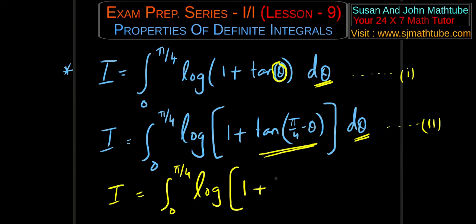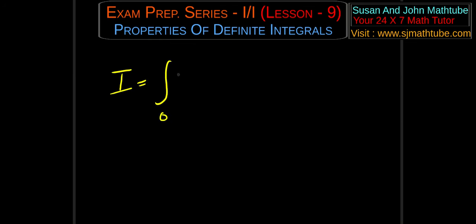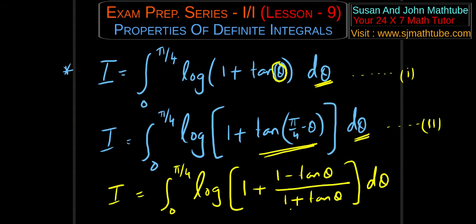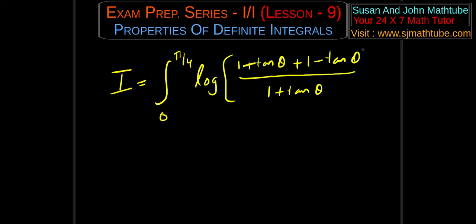So this is log of 1 plus (1 - tan theta)/(1 + tan theta). And now you can take LCM. So we get I is equal to integral 0 to pi/4 log, look at this, if you take LCM, we end up with (1 + tan theta + 1 - tan theta) divided by (1 + tan theta) d theta.